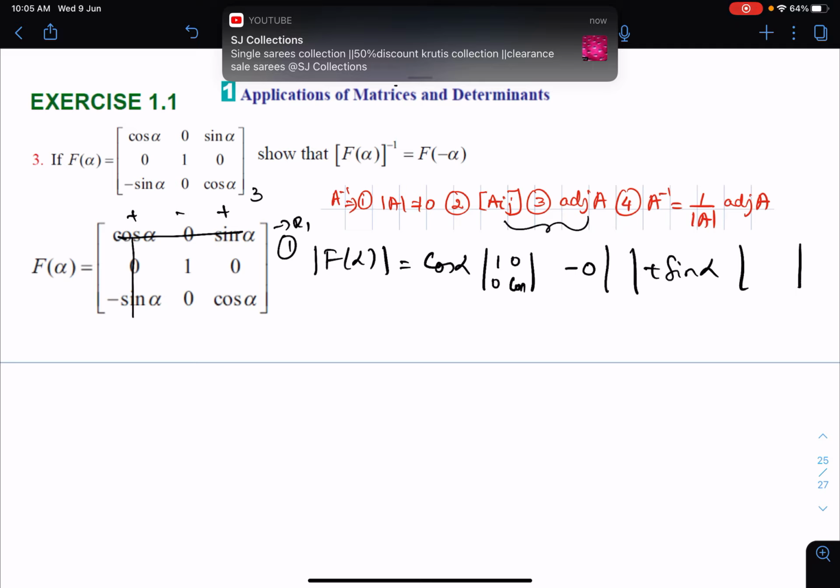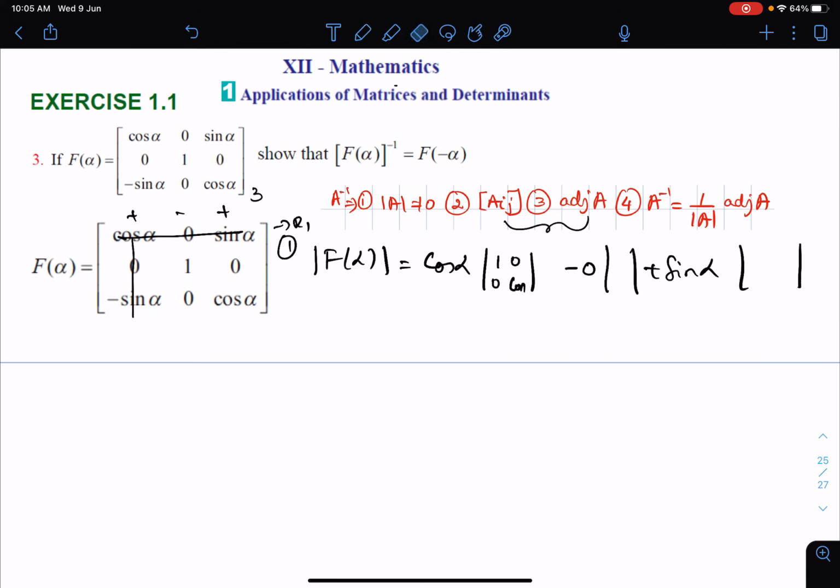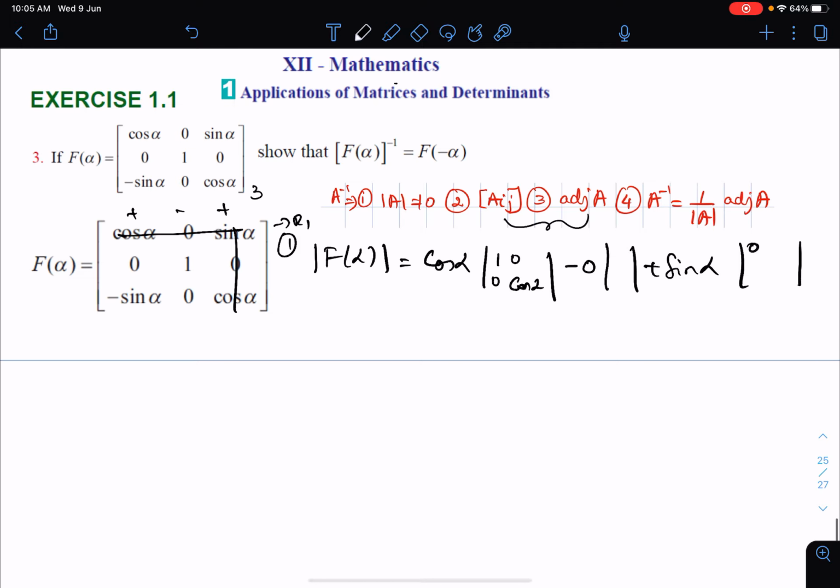The second one is going to become 0, so you can directly go to our third column. Deleting our third column, it is going to be 0 1 minus sin alpha and 0.